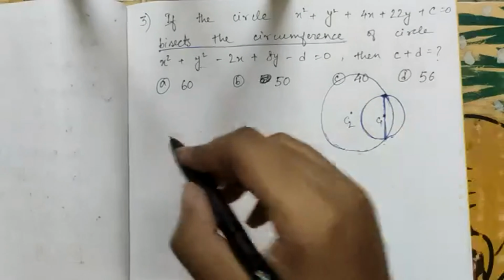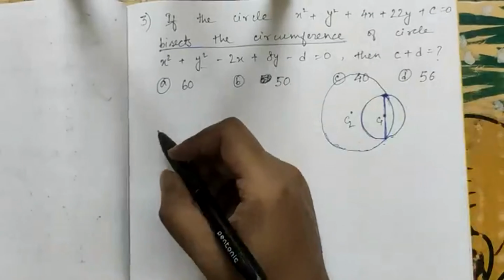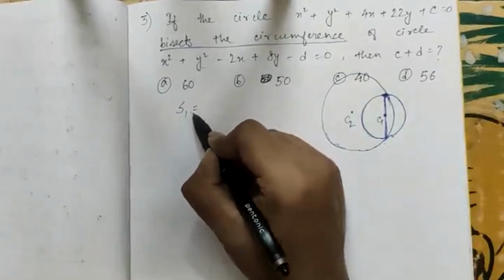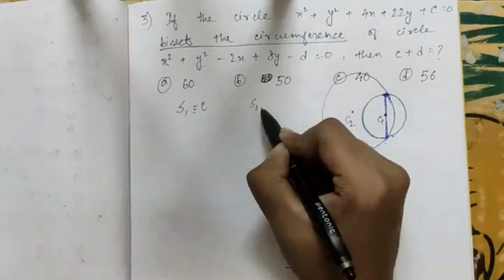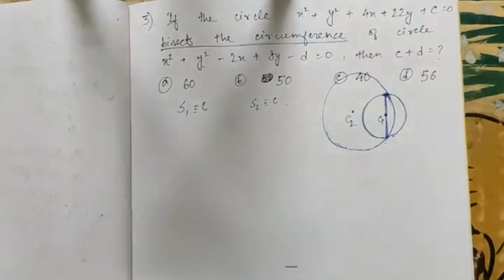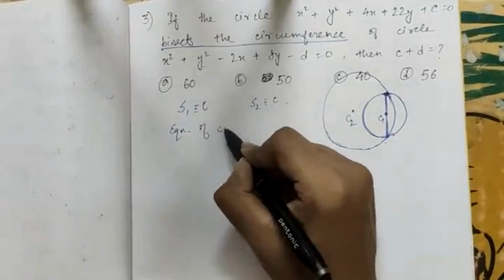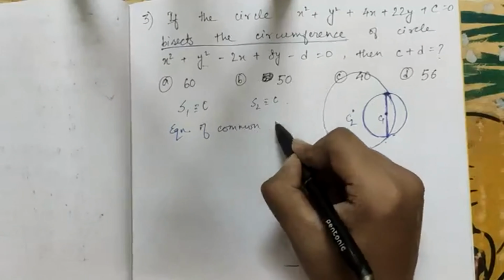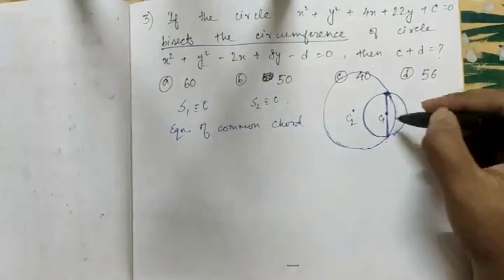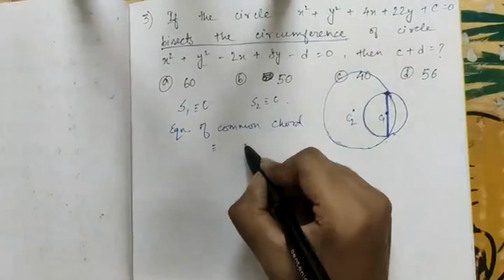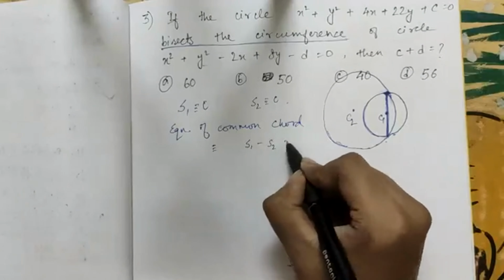So in this case, what will be the common chord? Do you know how to find the common chord? If this one is the equation of one circle and this is the equation of the second circle, then the equation of common chord, that is this line, this is the common chord, is got by s1 minus s2 equal to 0.